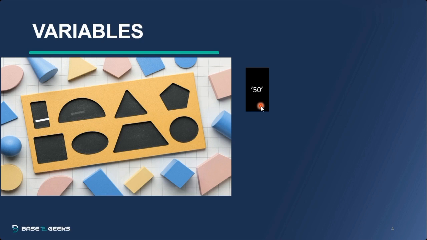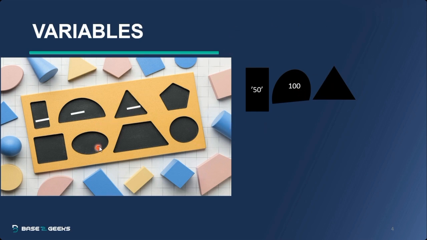Now for the semicircle, I must place a semicircle object on this shape. I have selected one semicircle and placed it here. Now for this triangle, I must take a triangle object, and I have placed it.